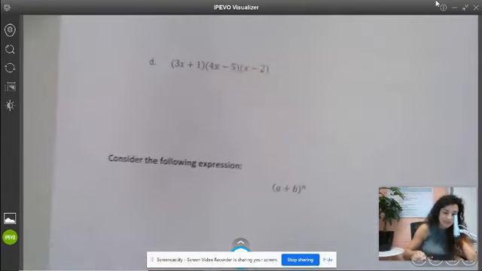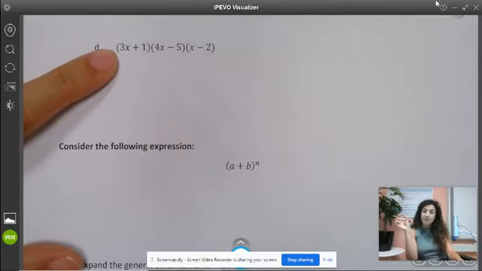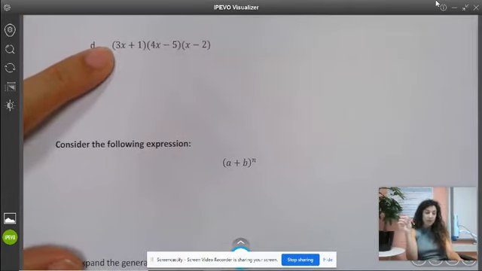Next problem. This next problem is, again, a three-part multiplication all the way through. I would like for you to take a second now and complete this and write in your answer.